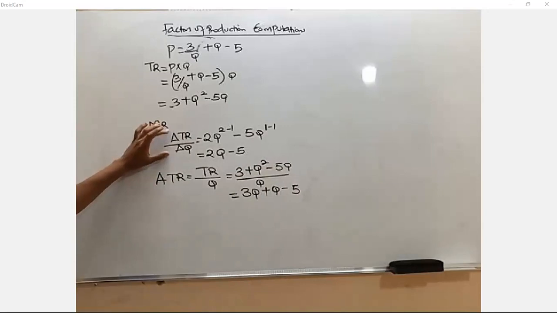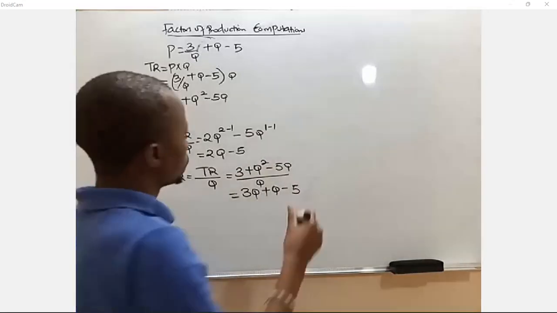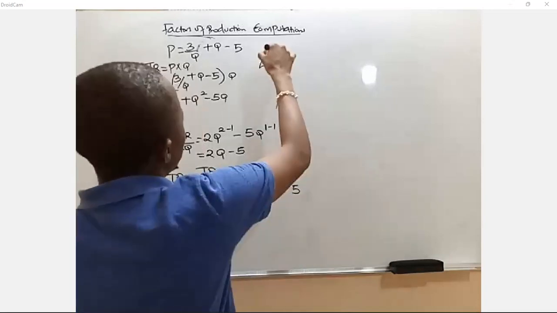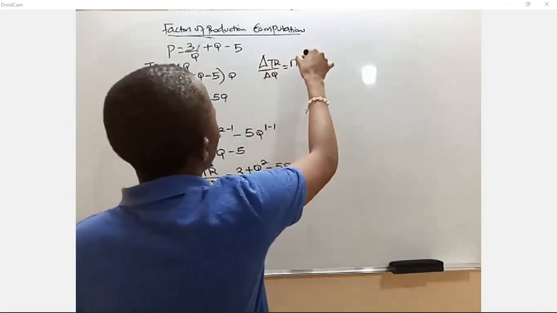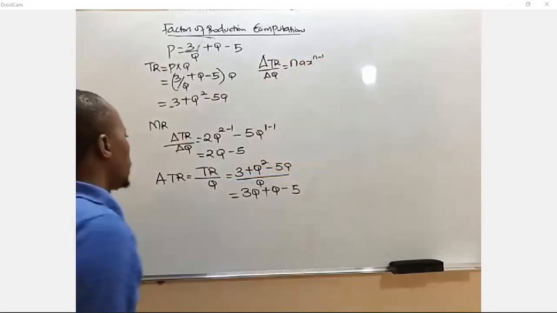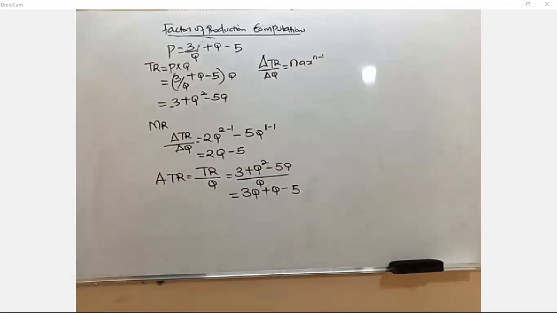In differentiation, we normally say the change in total revenue over change in Q should be equal to n, a x to the power n minus 1. It is just the application of the formula. Being here and failing to put it does not mean you will not get your marks. So this is how we normally get it.